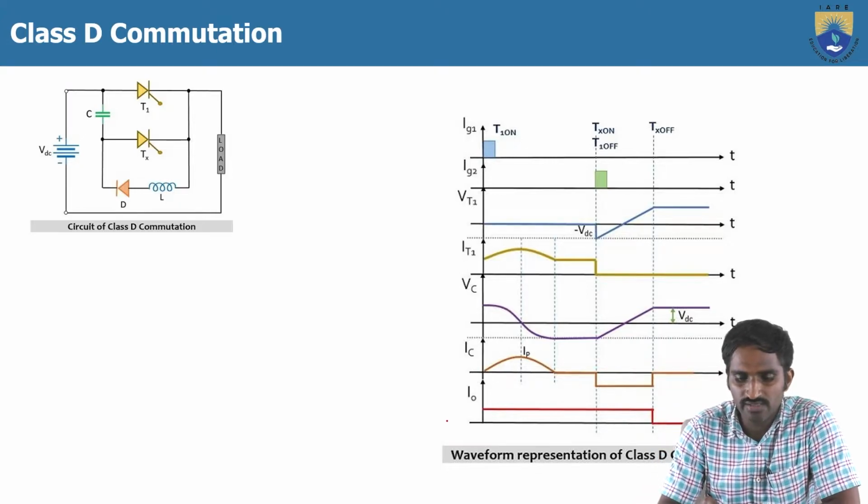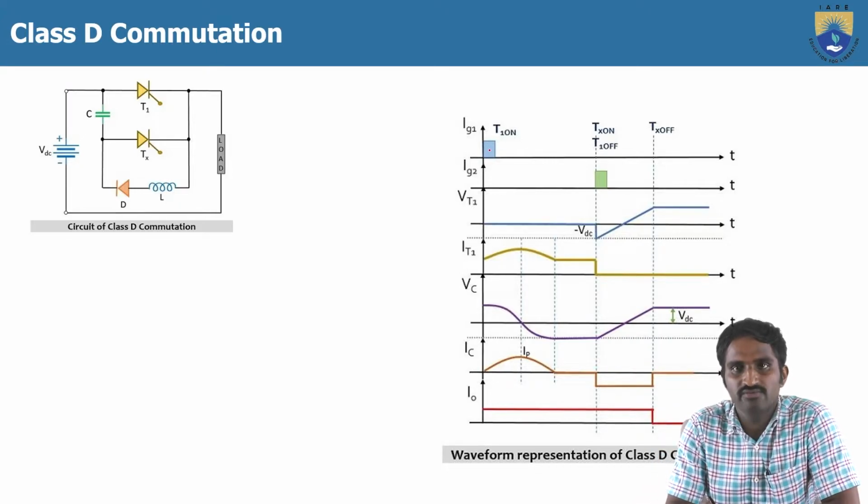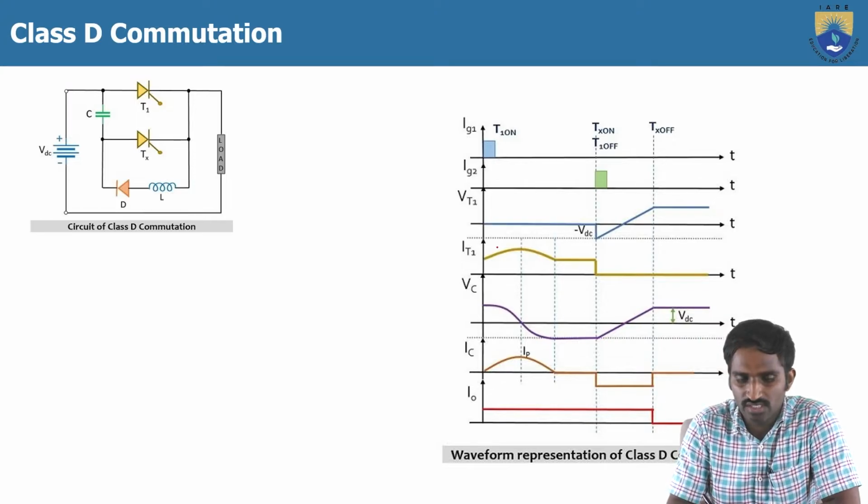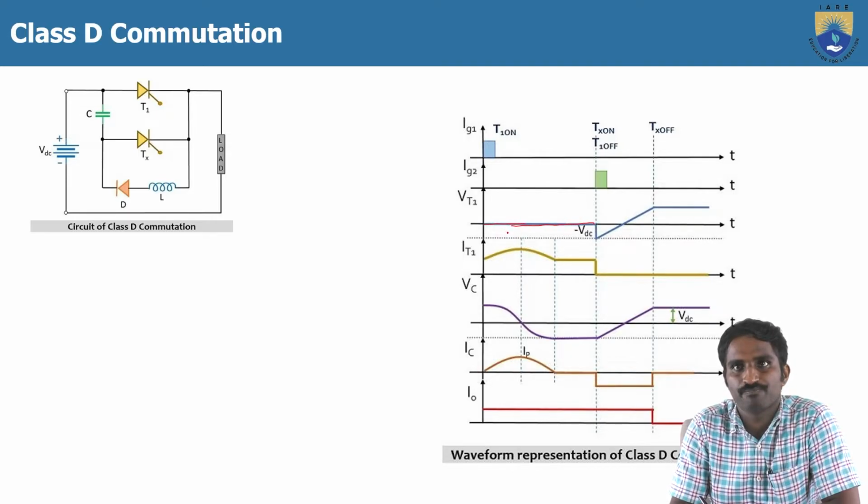Initially we are turning on the thyristor T1 by giving the gate signal Ig1 to the thyristor T1. So the thyristor T1 is turned on. When the thyristor T1 is turned on, the voltage across the thyristor T1 is 0.